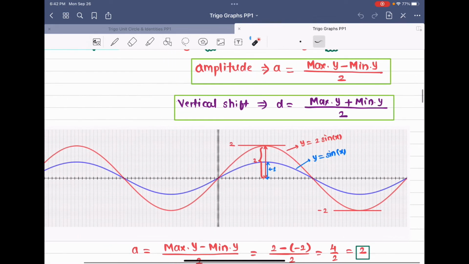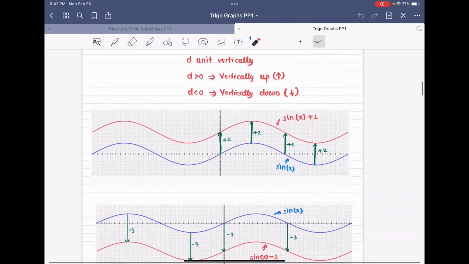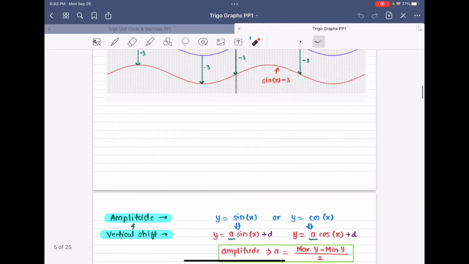Second, vertical shift. If I want to calculate vertical shift, we have already seen that the vertical shift is sine x plus d. But they will give you the equation, they will give you the graph, and they will ask you to show the calculation, to show that the vertical shift or d value is this particular value.